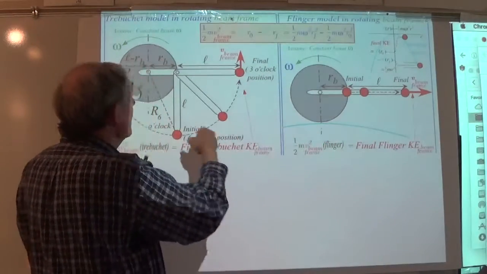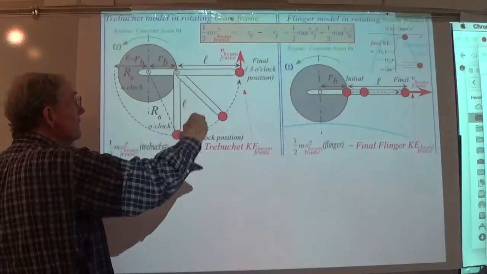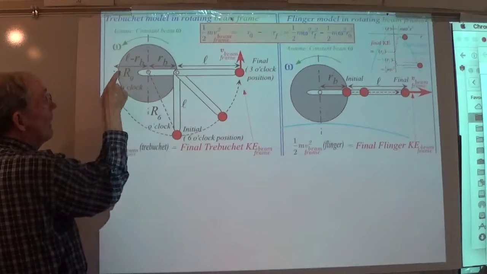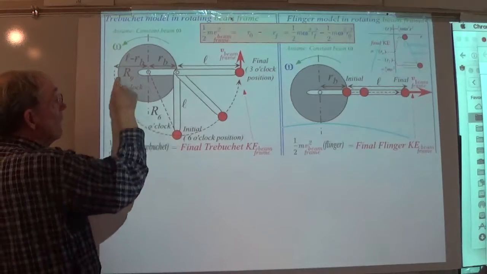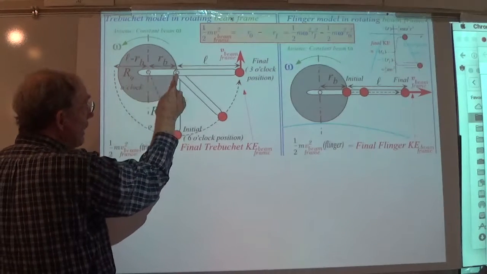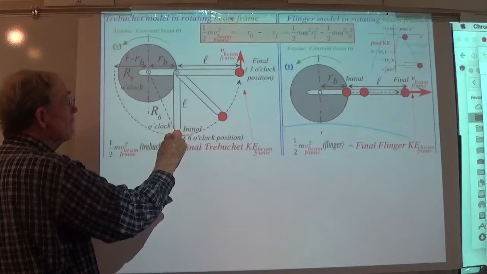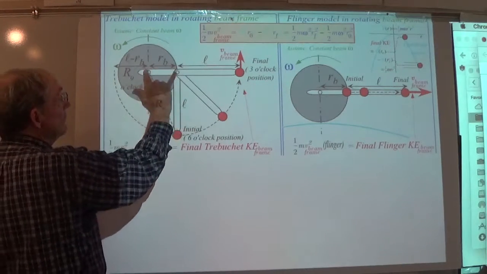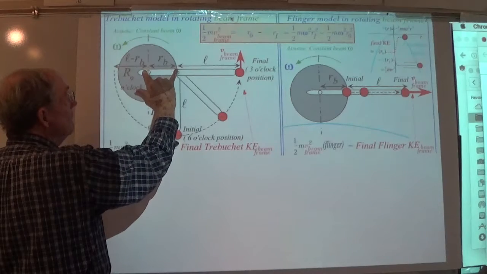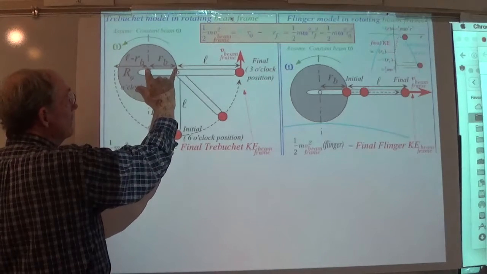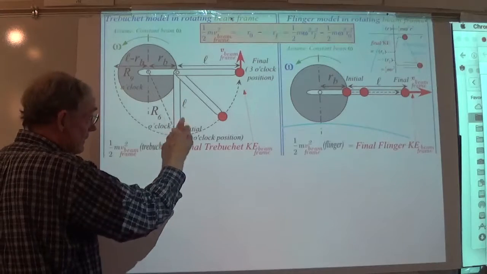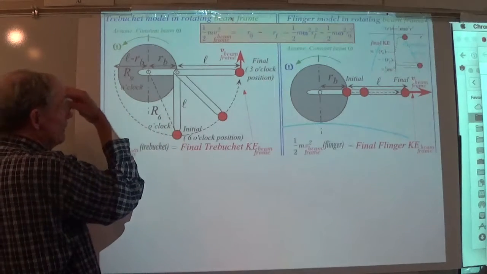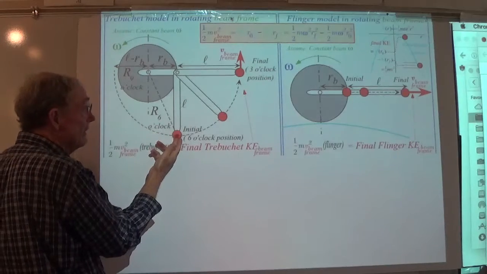The one here, which has an axis, you see, and has, in this case, an L that is, well, larger than the R. Okay, so this is really kind of a weird trebuchet that has a really big L, and just this beam radius here is not as big as L. But the same deal is we're going to look at it starting from 6 o'clock and throwing it.